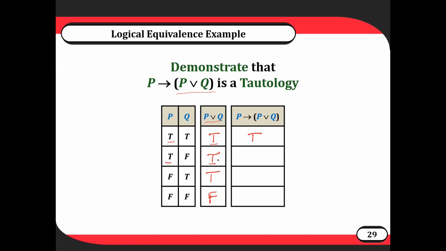The antecedent and the consequent are both true, so it's true. Here, P is false, so no matter what we have in this column, this is going to be true. So now we've shown that P implies P or Q is a tautology because all of these values are true. No matter what values we supply for P and Q, this is always true. Okay, good. Questions?